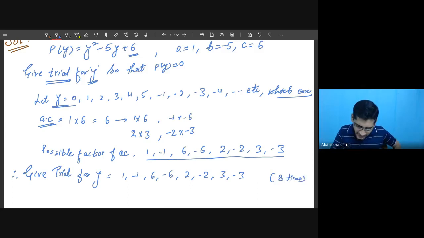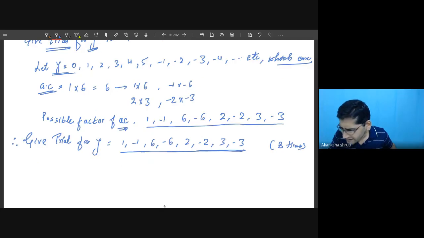But if you were taking the earlier way, say plus or minus 2, minus 4, minus 3, you can take any number. So no need to go by your own will and wishes; rather you calculate this AC, and with the factors you get, you just give the trial. Out of these 8 factors, you will get 2 factors which are able to make this p(y) equals 0.